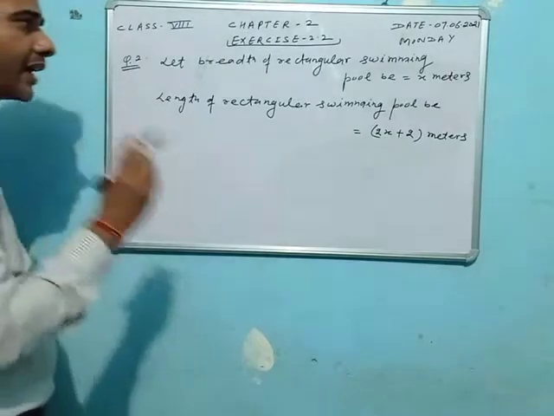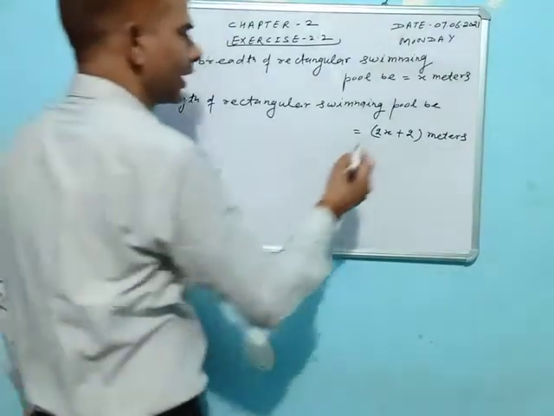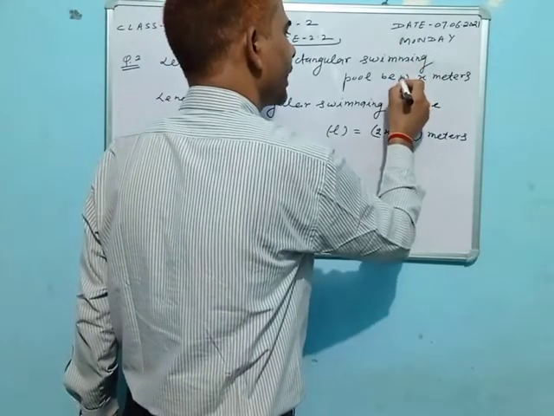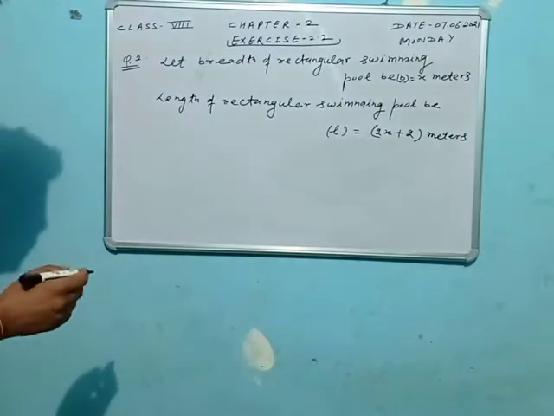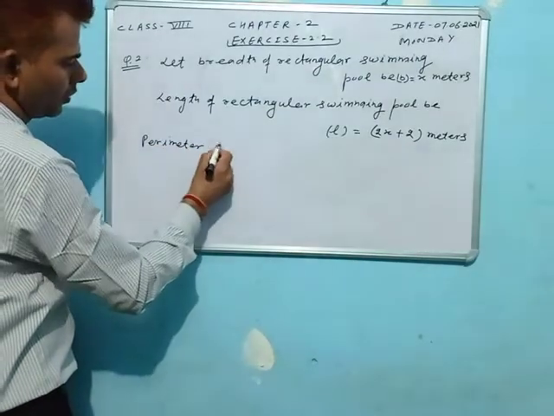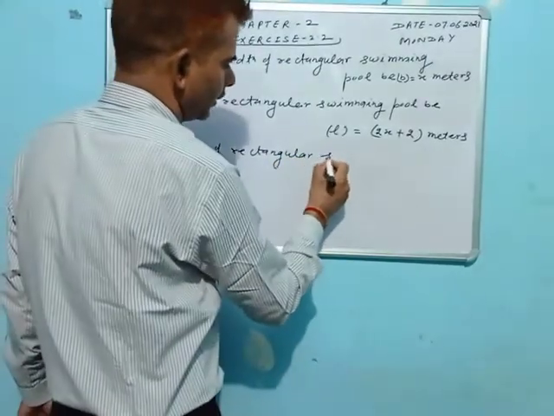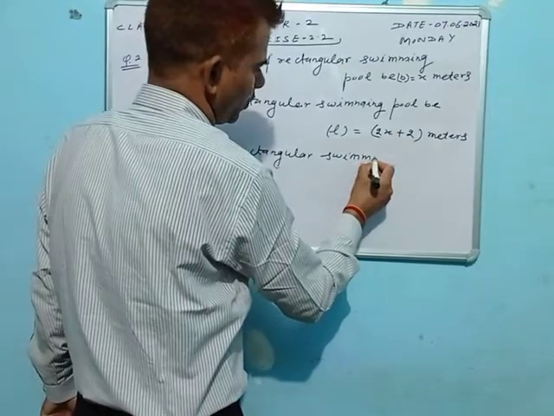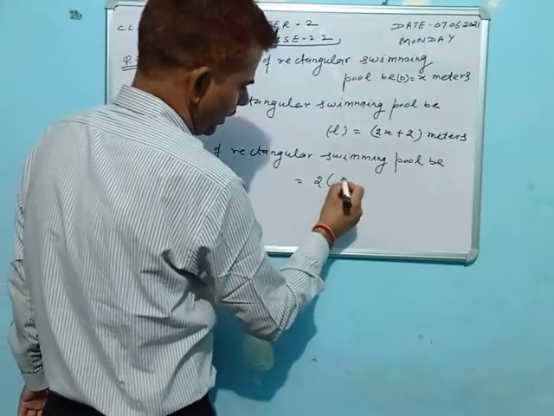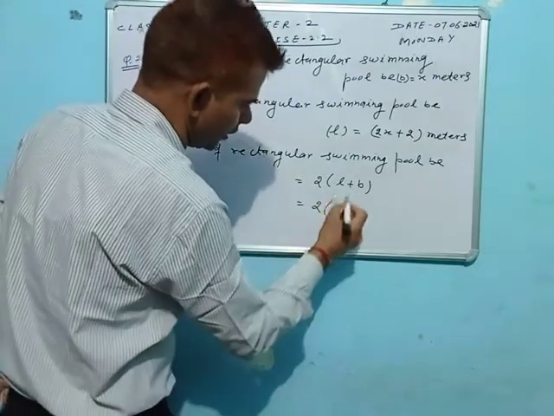Now students, the perimeter of a rectangular swimming pool, according to the formula, where this is your length and this is your breadth, the perimeter of the rectangular swimming pool is twice of L plus B. Students, what is L?